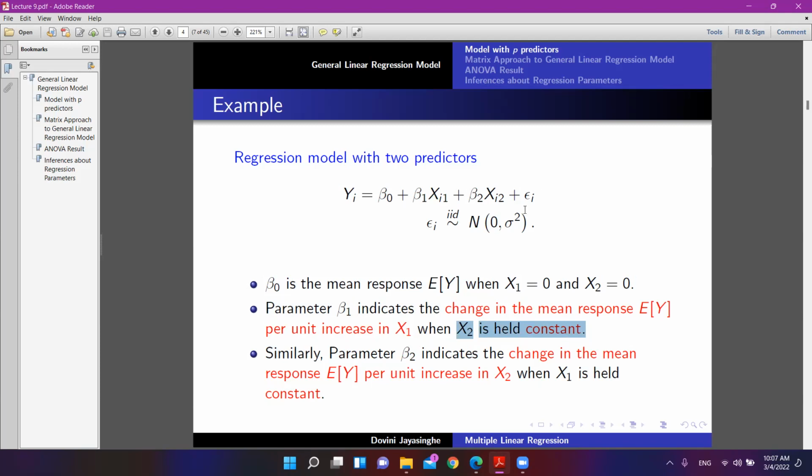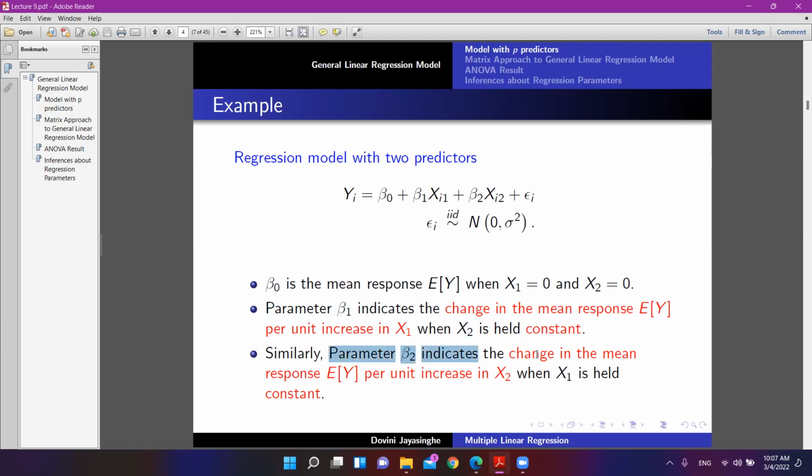If you have x1, x2, x3, you can say the parameter beta 1 indicates the change in the mean response per unit increase of x1 when x2 and x3 are held constant. Or you can say this happens when all the other predictors are held constant. But here it's obvious you don't have to use the words all the other. You just have one other. So that is how you use the language.